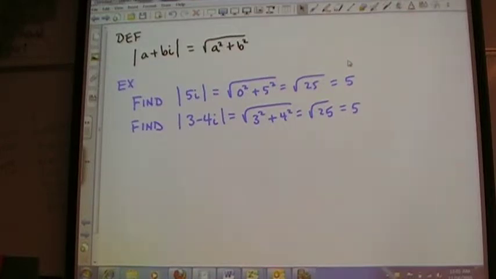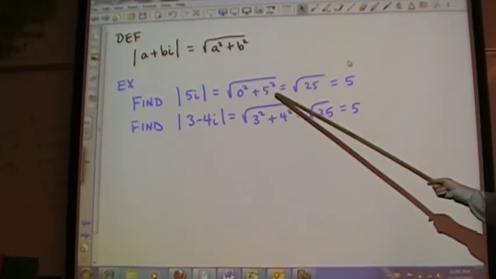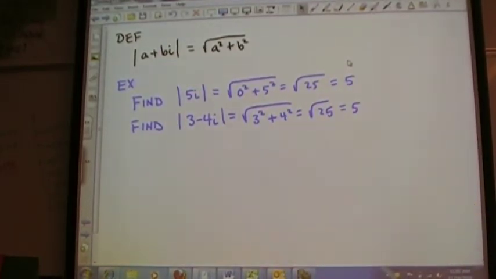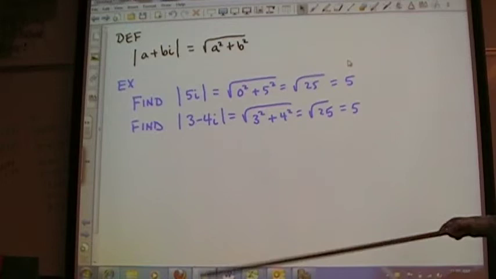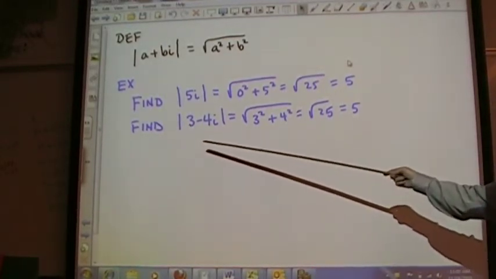So, two examples listed below. The absolute value of 5i, what is your a value? 0. What's your b value? 5. So I do square root of 0 squared plus 5 squared, comes out to be 5. Second example, your a value is 3.